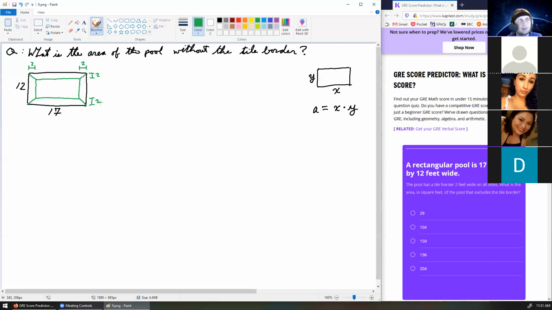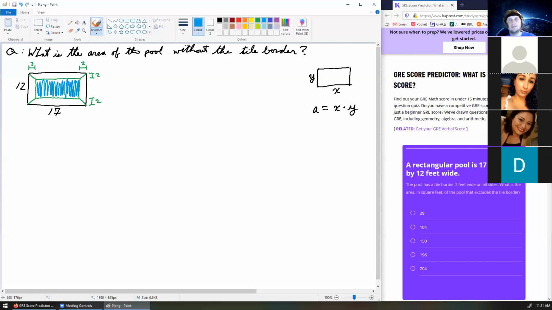And it's going all the way around the pool, right? So this in here, you know what? It's probably appropriate if I use blue. So this is what they want us to find, right?